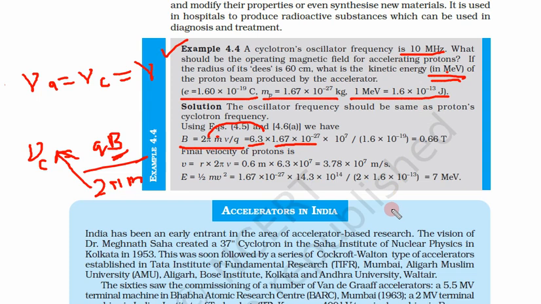Nu is 10 megahertz. 10 mega means 10 to the power 6, so total 10 to the power 7 hertz. Now divided by q, charge of the proton. Charge on the proton is 1.6 into 10 to power minus 19 coulomb. So this magnetic field comes out to be 0.66 Tesla.